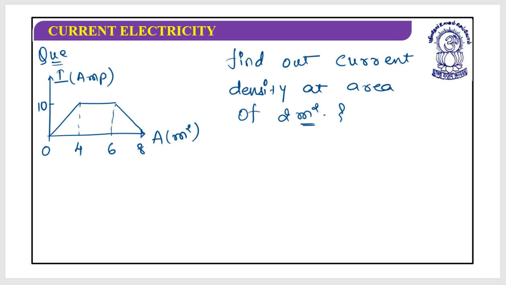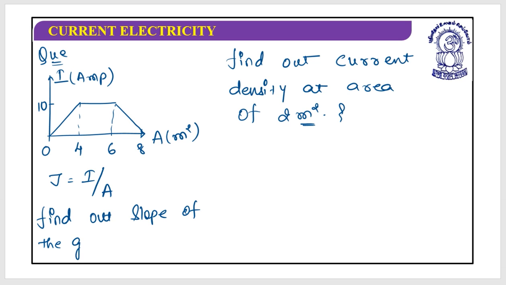Basically it's an area vector. So I know that J equals I by A. So I need to find out the slope of the graph, which will be the current density.